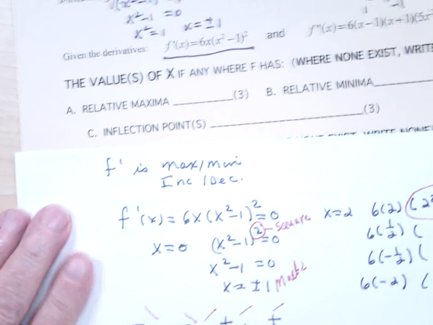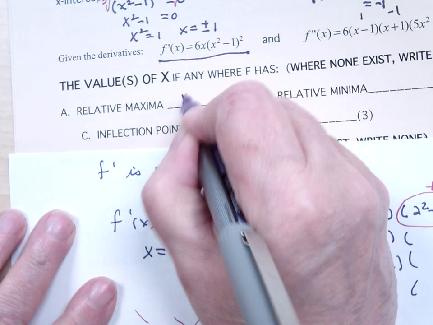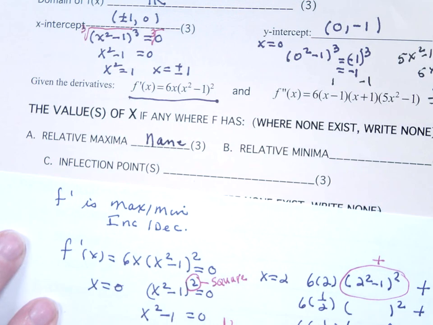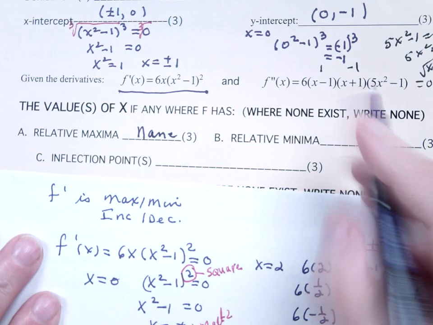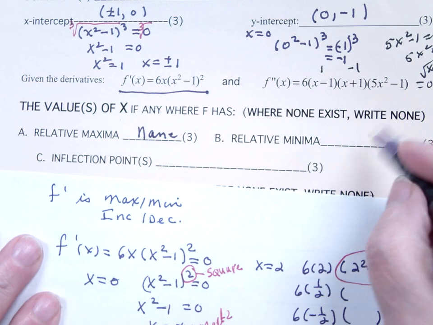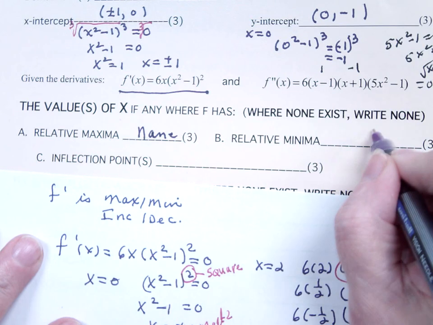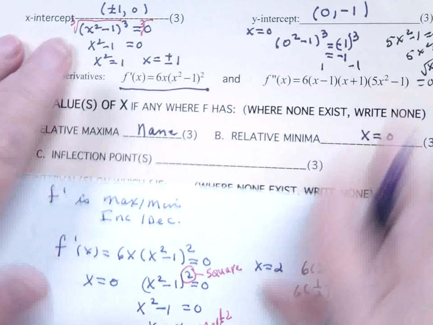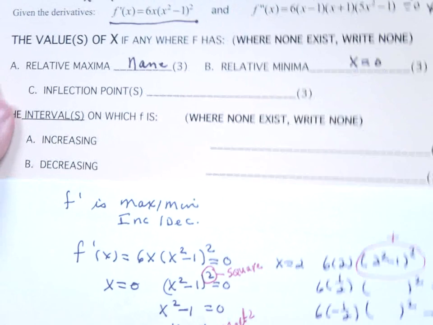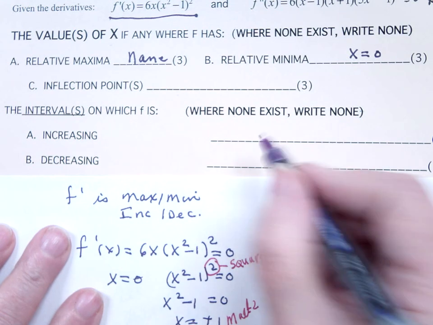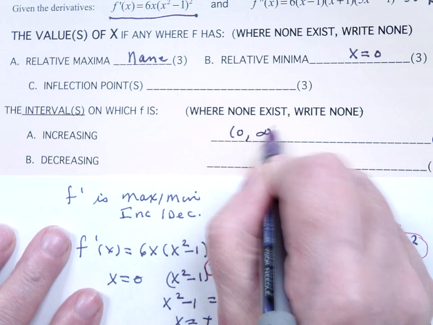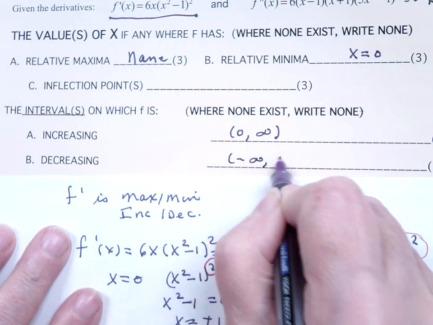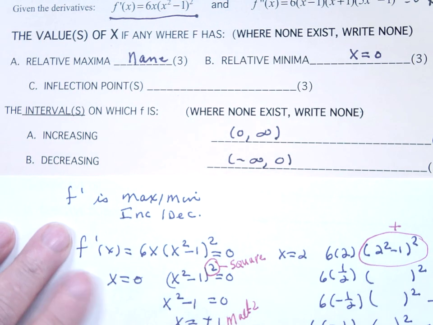It has no maximum. It has a minimum, and I only asked you for the x values, and that's to save you time, at 0. It's increasing from 0 to infinity, and then decreasing from minus infinity to 0. And now we're done with the first derivative.